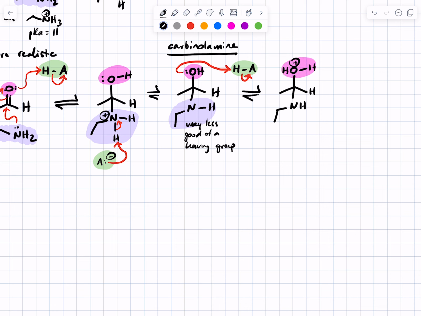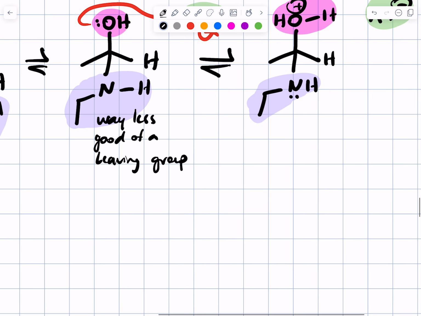Okay, and here is the conjugate base of our acid. Here in purple is the nucleophile that we originally added. And by protonating that OH group, we turned it into a good leaving group. And one of the things here is that this neutral nitrogen is now a decent kicker-offer.